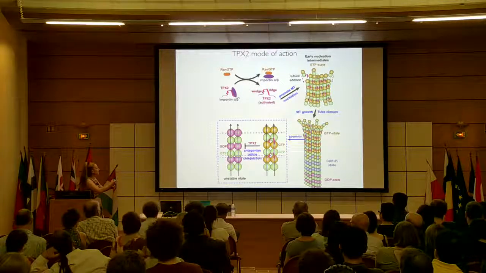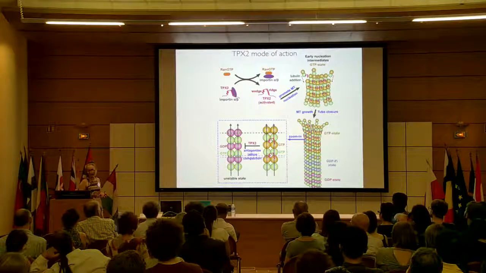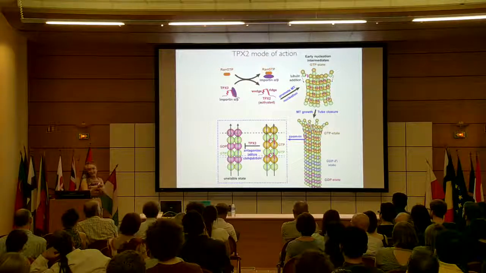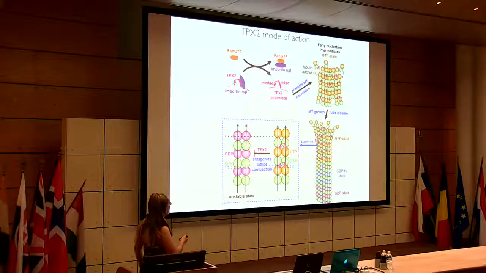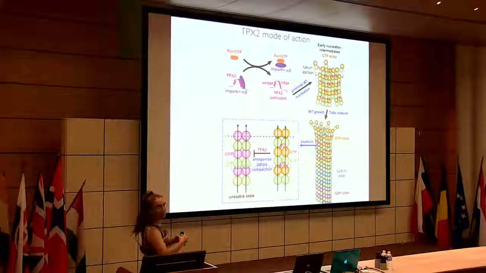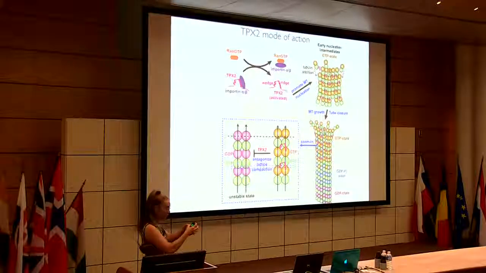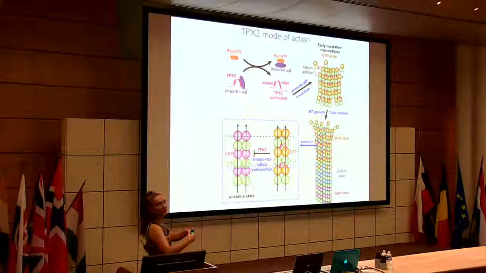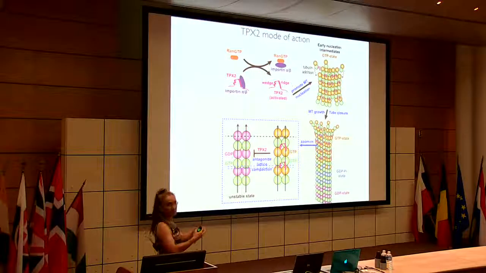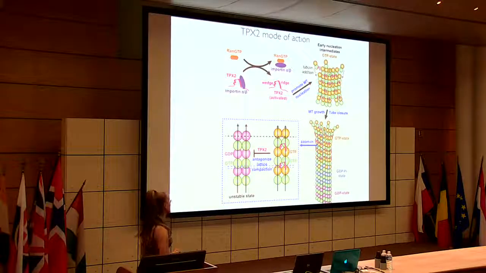So we don't think that it completely inhibits GTP hydrolysis, but it's enough to slow it down and give this assembly the chance to make something big enough that the cylinder closes and grows and establishes a GTP cap before it comes apart.